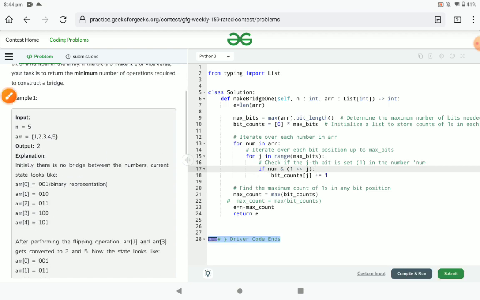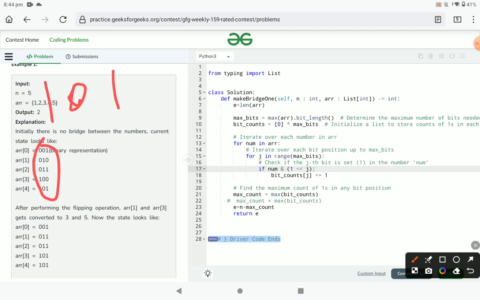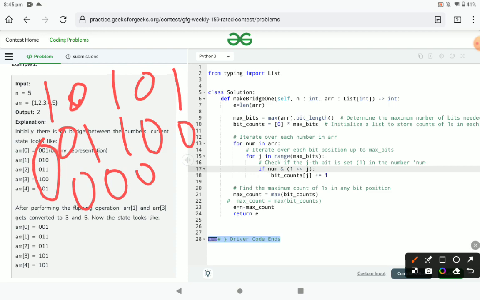For this example you can see it's 1 0 1 0 1, then 0 1, then 0 1 1 0 0 0 1 1 0 0, and then triple 0 1 1.